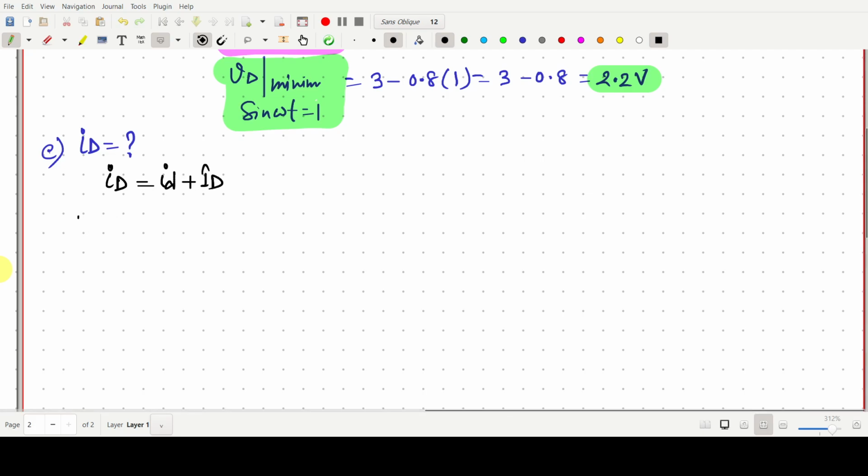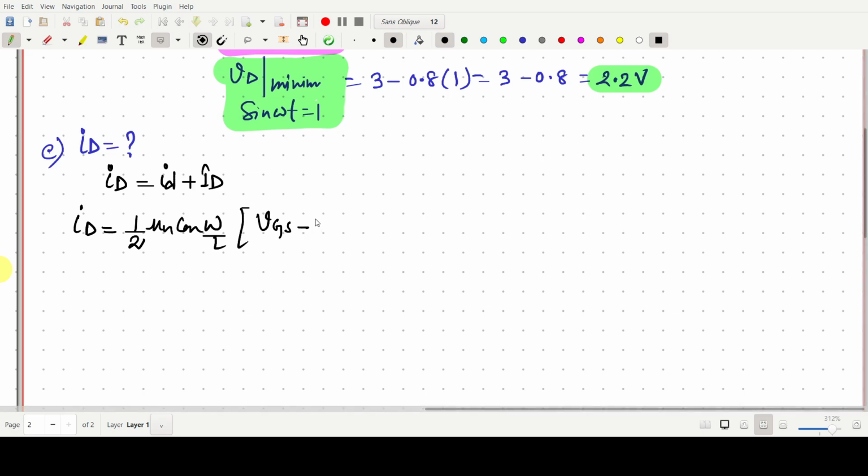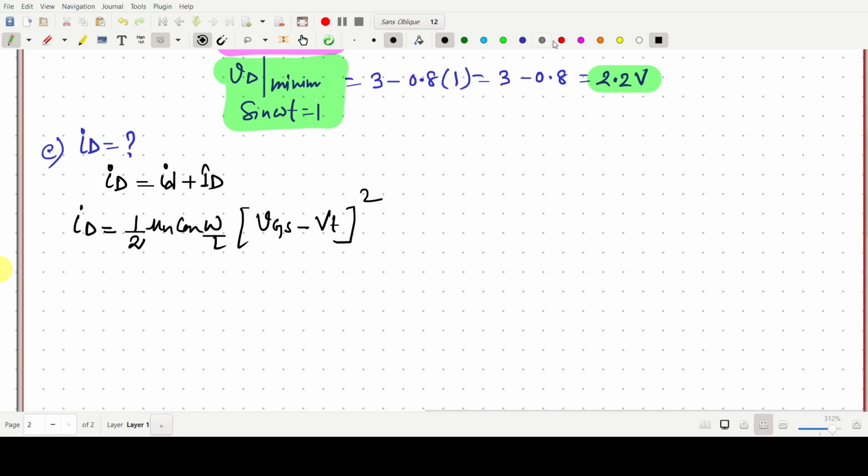This iD, when the current is in the saturation region, we can write as mu n Cox W by L times vGS minus VT whole square. This vGS is our instantaneous gate to source voltage.